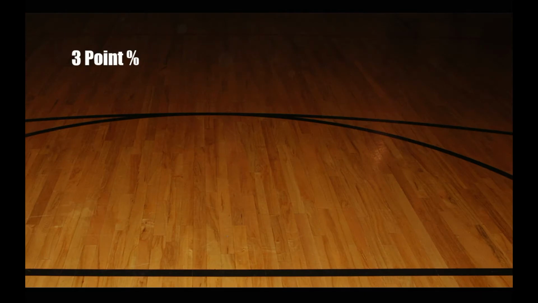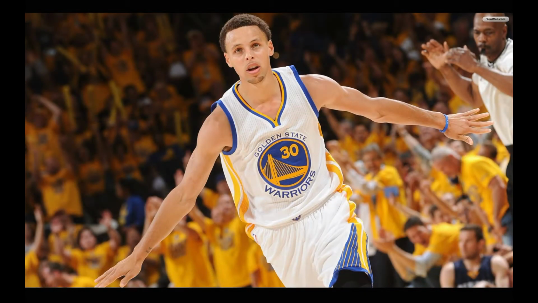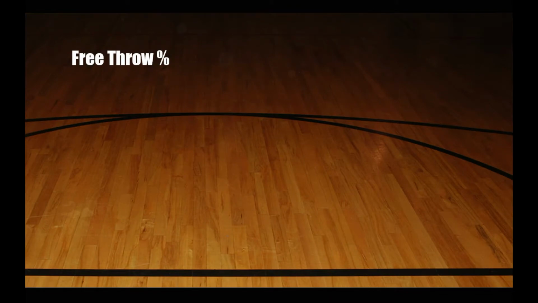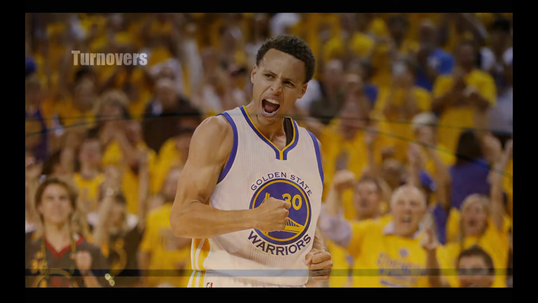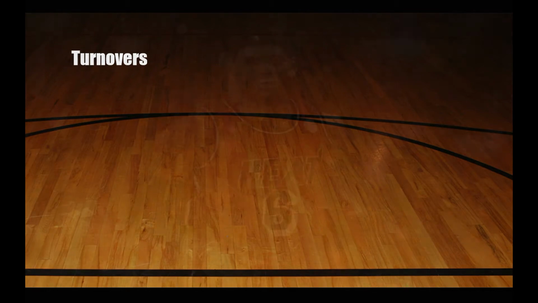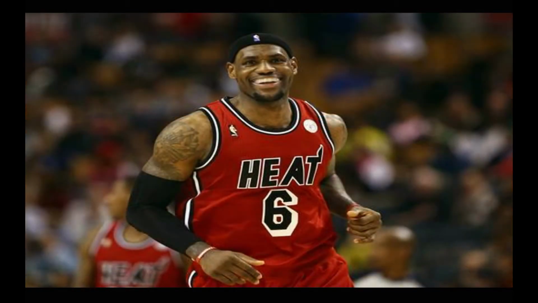In terms of three-point percentage, the highest was Stephen Curry of 2016, who shot 45.4% from the three-point line. In terms of free throw percentage, the highest was Stephen Curry of 2015 this time, who shot 91.4% from the free throw line. And in terms of turnovers, the lowest was LeBron James of 2013, who only turned the ball over 3 times a game.